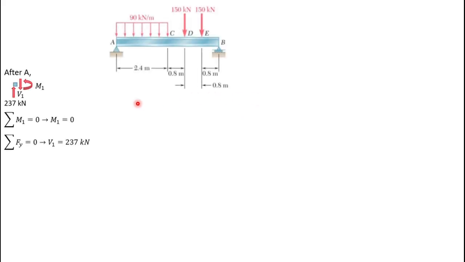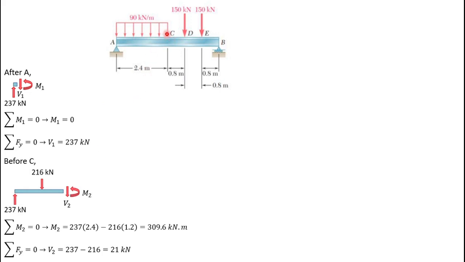And then for the sectioning part, we could begin from the after A section. Here, there is only one load, which is RA, the reaction force at A. So V1 is equal to 237 kilonewton, while M1 is equal to 0 because this reaction force at A has a really small distance, which we could assume to be 0.